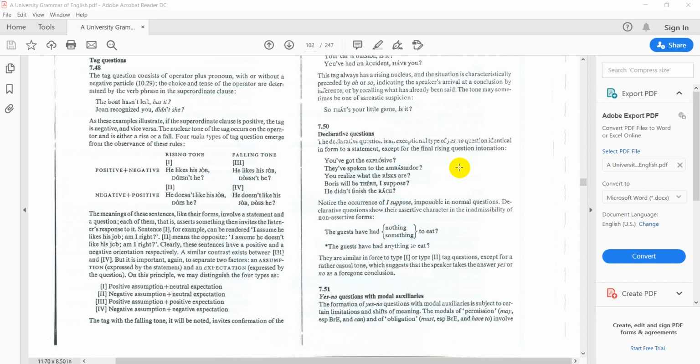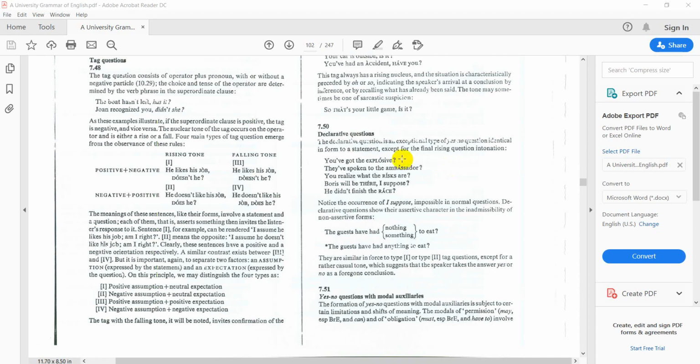But there is no change in the positions of the subject or the verb. And there is no need to bring the verb do whenever there is no auxiliary or operator in the sentence. That's why they are called declarative questions, because the questions are made by declarative sentences without any operator or any other element.